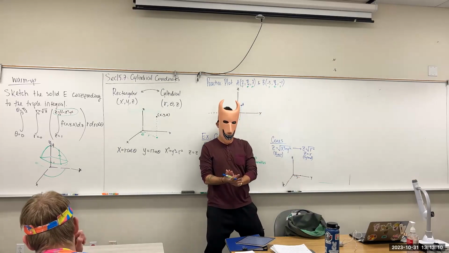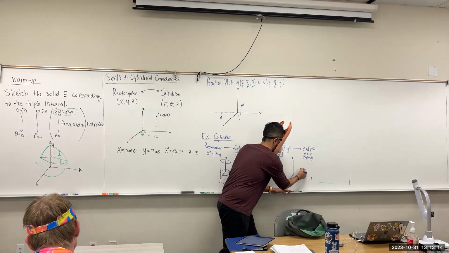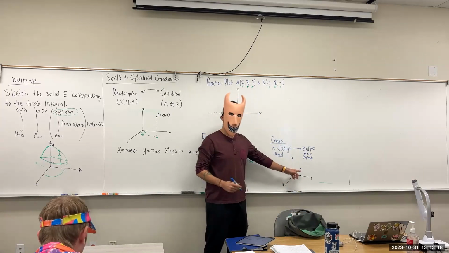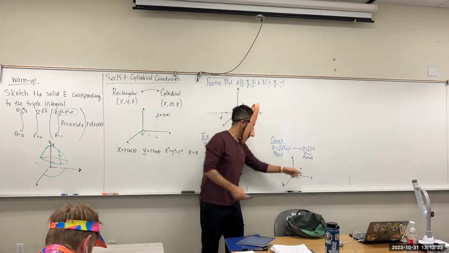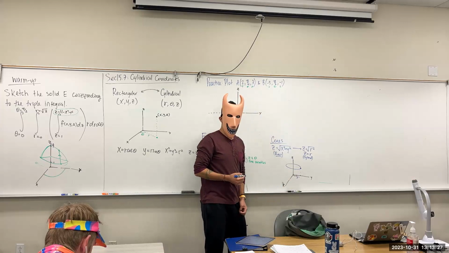What is the value of z now? 2. So then this is going to be 1, 2. So it's going to be that point right there. And see how theta is the free variable? So that means that point will rotate like this, like that.